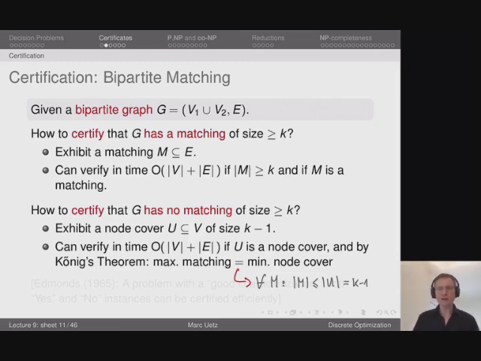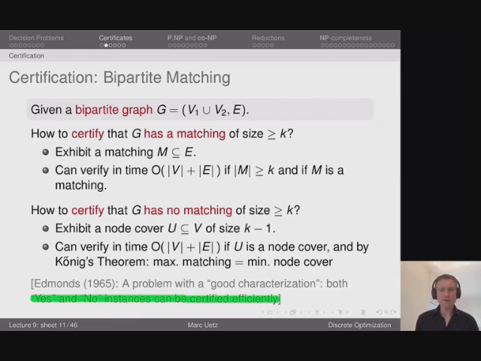And problems which have this property, namely that yes and no instances have certificates which can be verified efficiently, that's a very nice property. And Edmonds called such problems problems with a good characterization. So a problem with a good characterization is one where yes and no instances have certificates which can be checked efficiently.